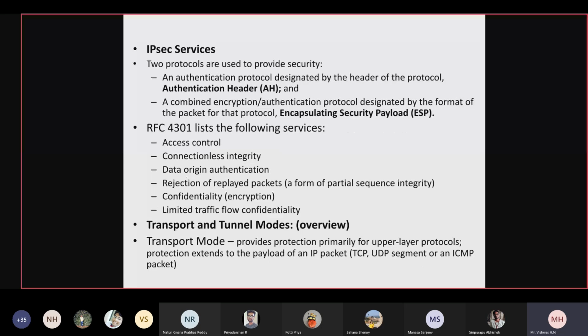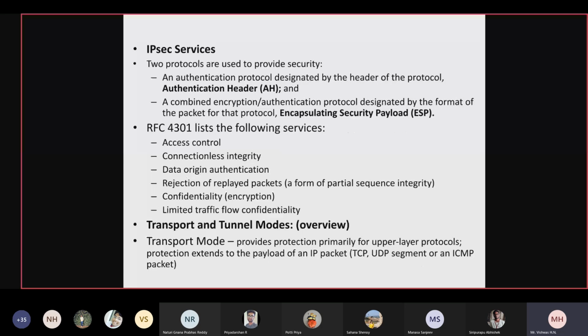Authentication Header protocol provides authentication for your connection. Is that clear? But I told you already, ESP will provide authentication also to some extent. That's what you can see in the second point. Is that clear? That is Encapsulating Security Payload.